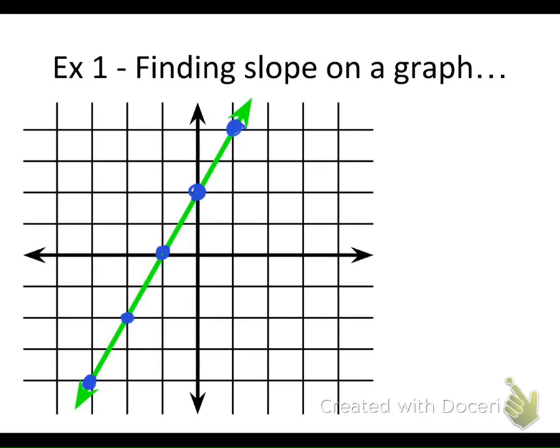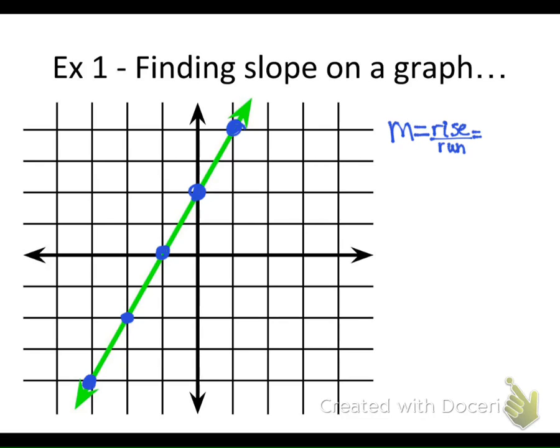So right next to or right underneath example number 1, you guys are going to put m equals, because remember we're talking about slope. Until you get in the habit, I would go ahead and put rise over run equals.